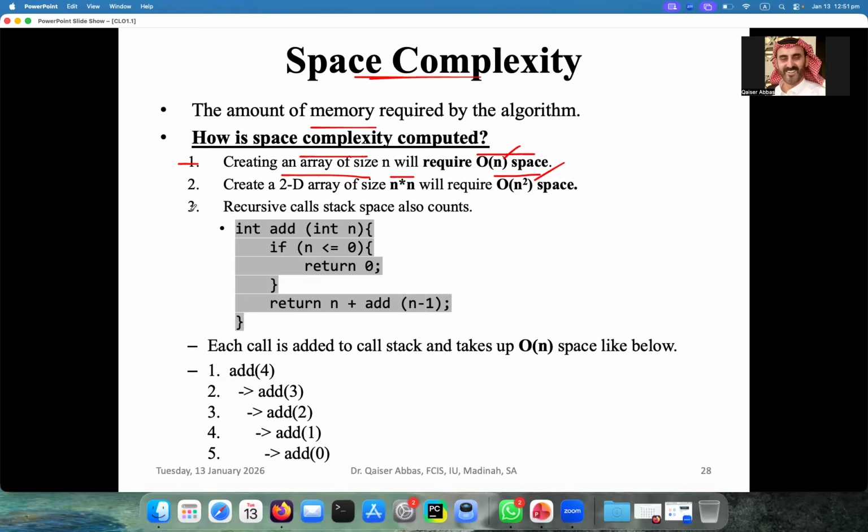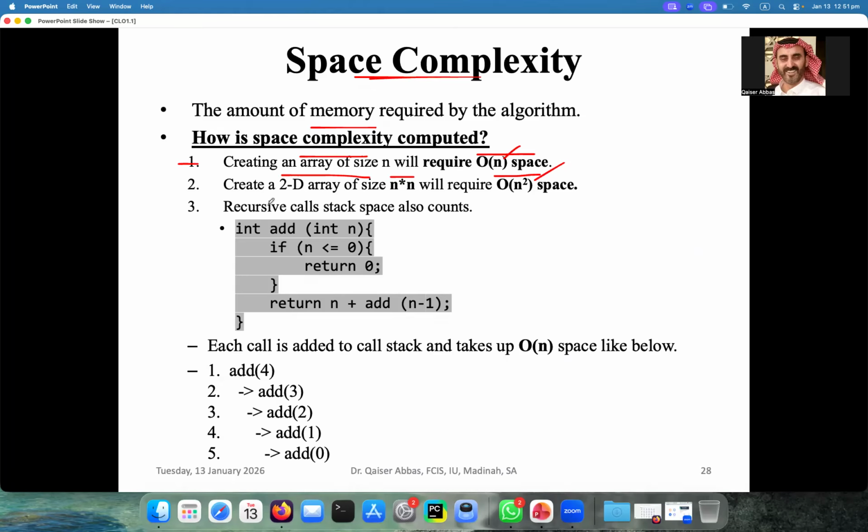Now, rule number three, which is actually crucial. If we have a recursive algorithm, then in that algorithm we will have some recursive statement, which means the function will call itself. That is called recursion.